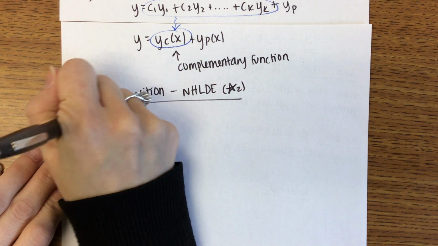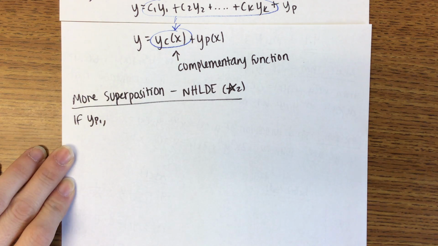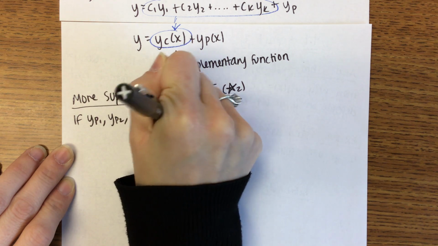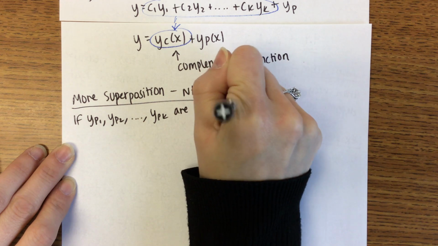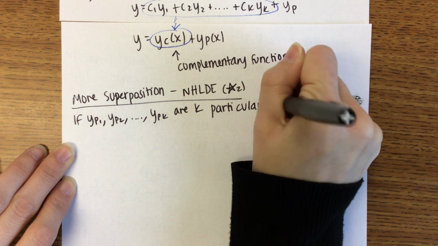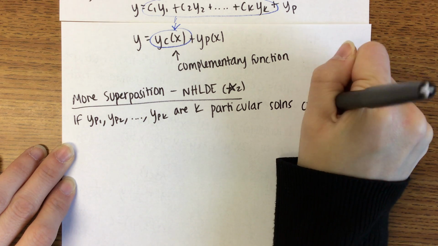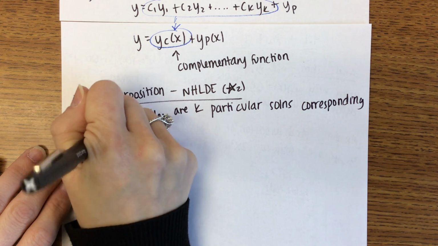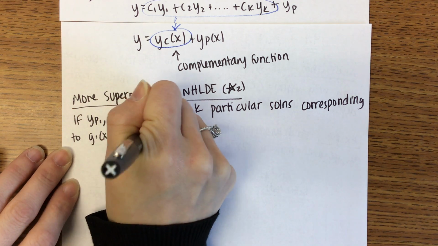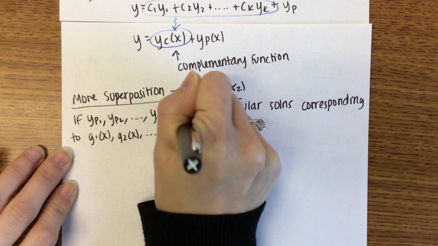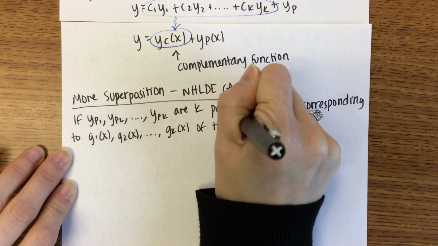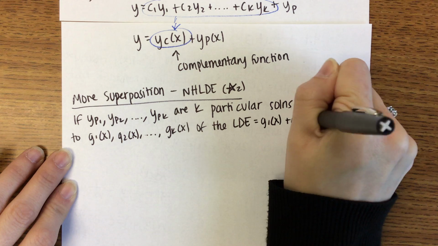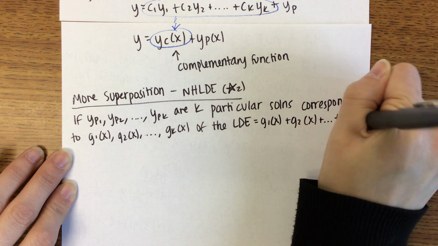Let's say that you have y of p1, y of p2, all the way up to y of pk, and these are k particular solutions corresponding to g1 of x, g2 of x, all the way up to gk of x, of the linear differential equation with right side g1 of x plus g2 of x plus all the way up to gk of x.